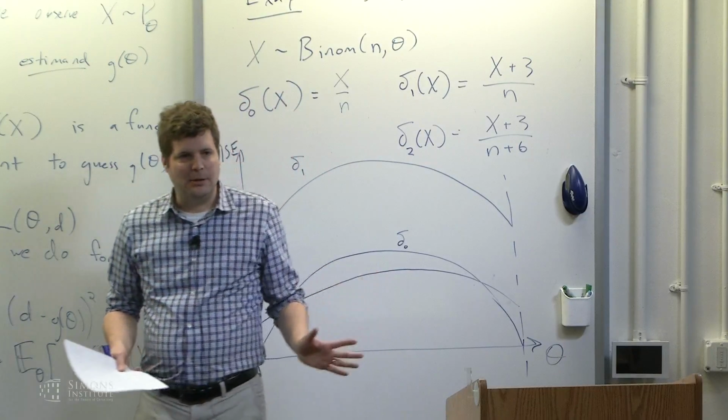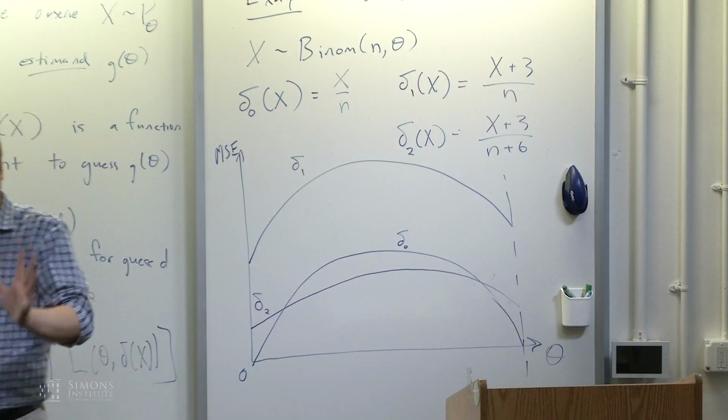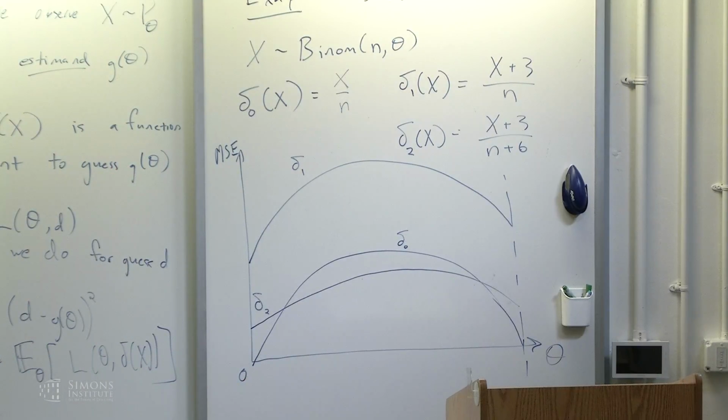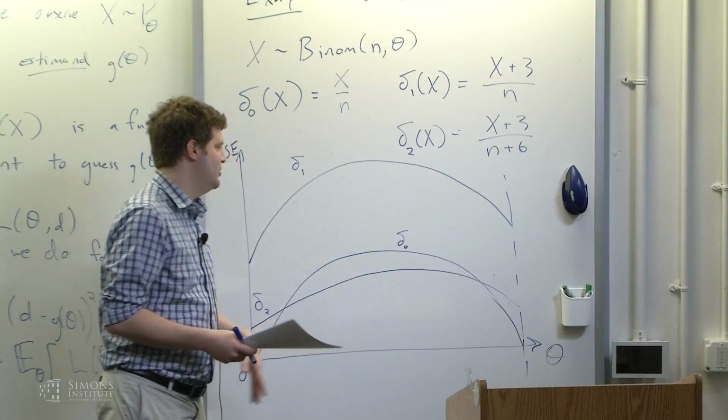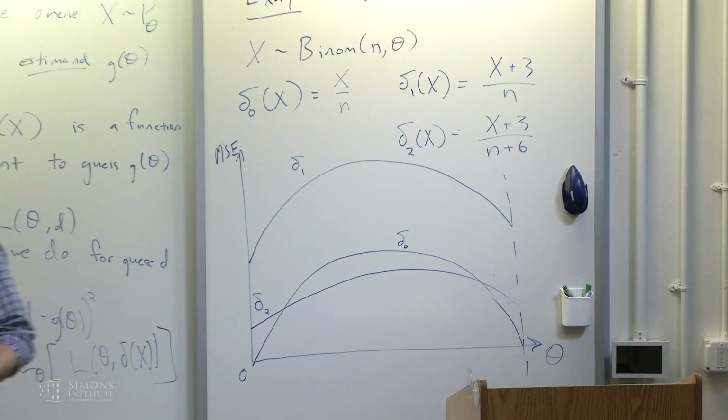I cannot possibly beat that estimator if theta really is 0.5. So there is no hope of finding one estimator that is at least as good as every other estimator everywhere. Our only hope is to come up with a way to compare risk functions that don't uniformly dominate each other.